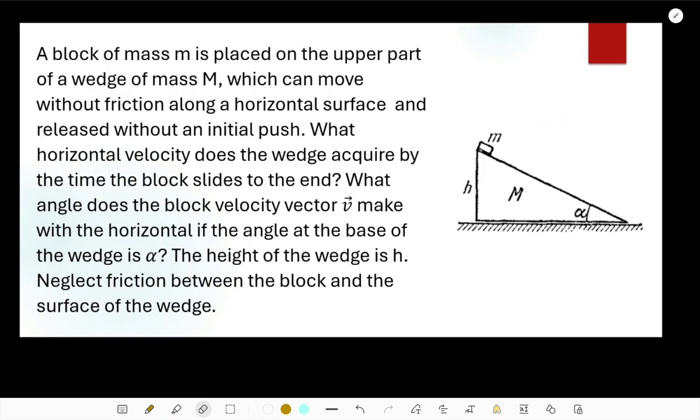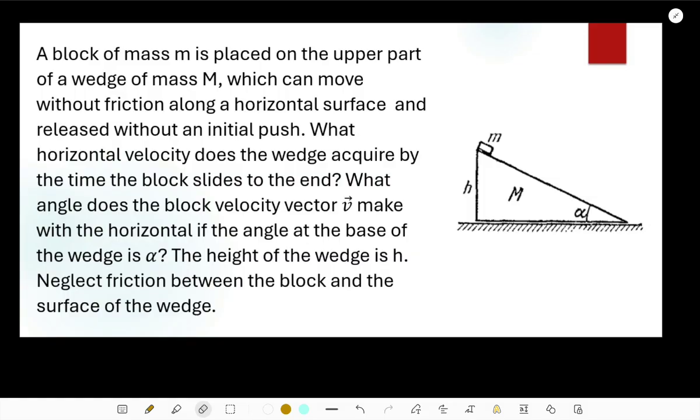It is also necessary to use the kinematic relationship between the velocities of the wedge and the block. And that is why I am going to explain this problem. How should you think?